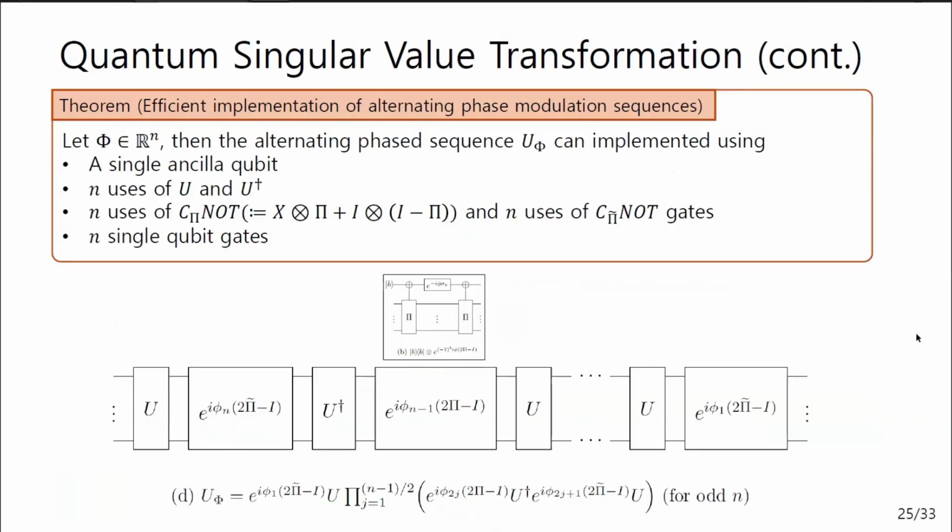Then the alternating phase sequence U phi can implement it using a single ancillary qubit, uses of U and U dagger, n uses of C pi naught, n uses of C pi tilde naught gates, and n single qubit gates.